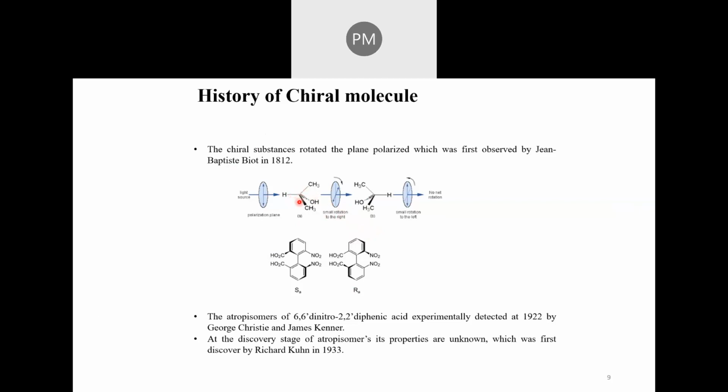In this chiral molecule, the chirality is because at this point there are four different substituents on that carbon, so this is called point chirality.